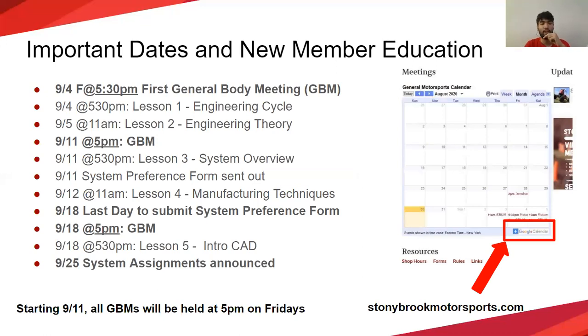Particularly on the 18th, we're going to be sending out a form just to ask people what their preference is, whether it be vehicle dynamics, powertrain, chassis, electrical, software, CNC. Generally just GBMs, which are important because they disperse general information as well as the important dates.